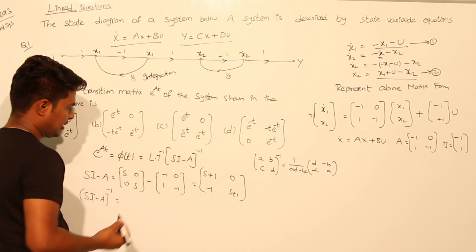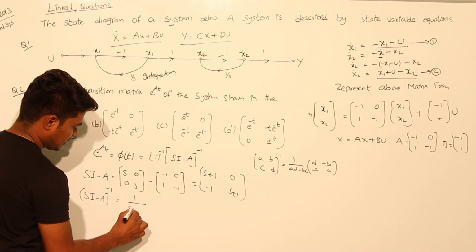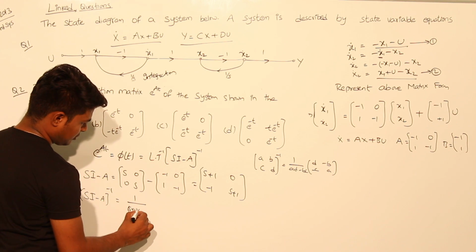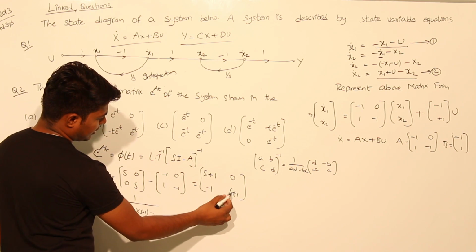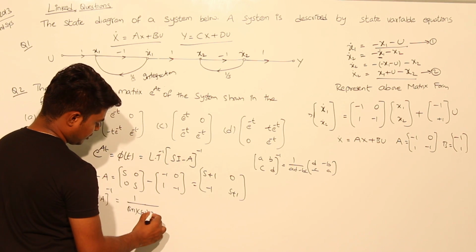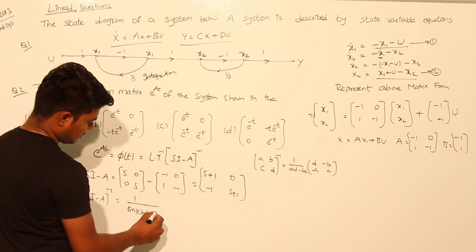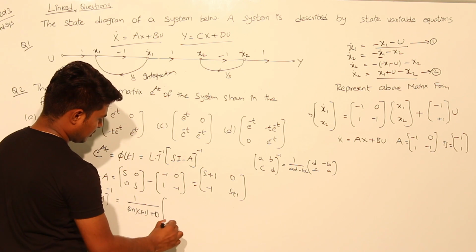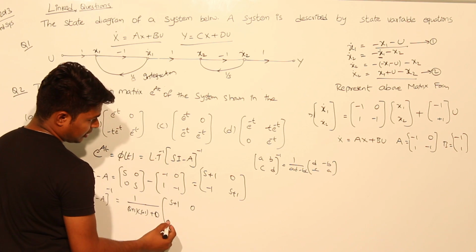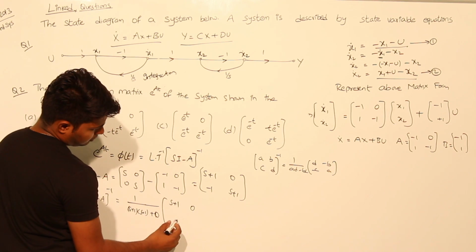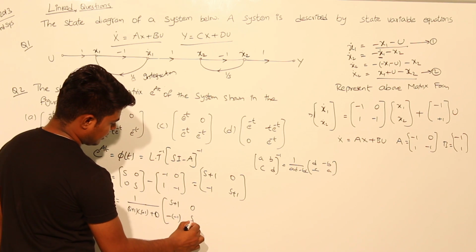The same thing you apply here: 1 by (ad minus bc), s plus 1 into s plus 1, minus 0, since minus 1 into 0 is 0. Now d minus b minus c becomes minus of minus 1, and a is s plus 1.